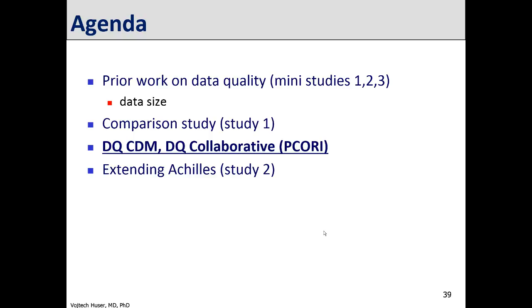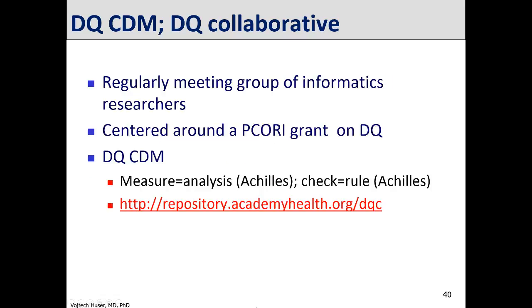So concluding the description of study one and comparison of outputs, I want to present one slide about the Data Quality Collaborative, which I already mentioned. This is a group, and all the details can be found at the website of the Data Quality Collaborative.